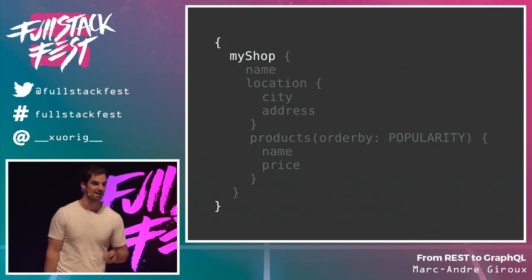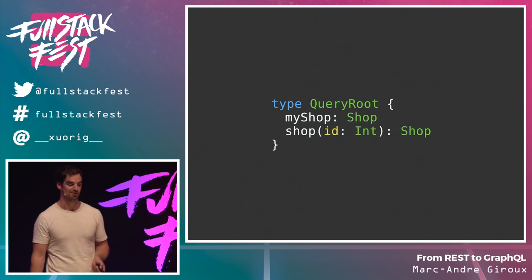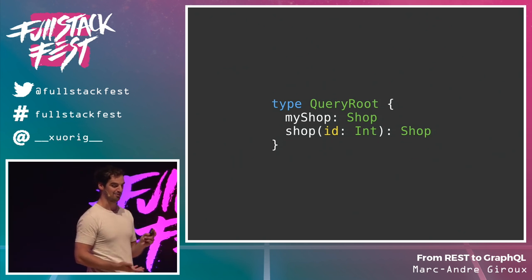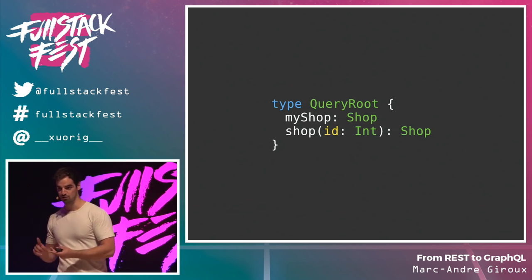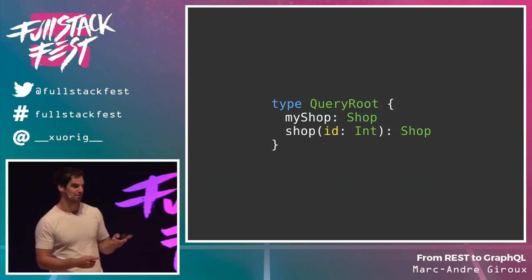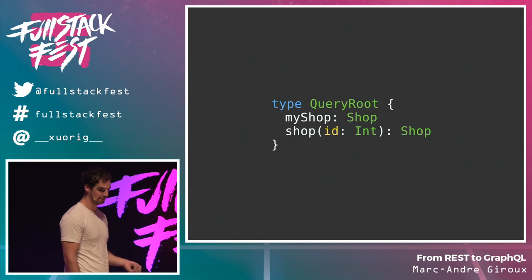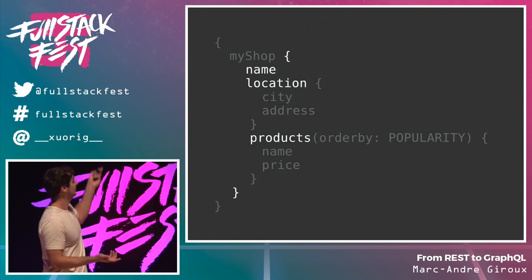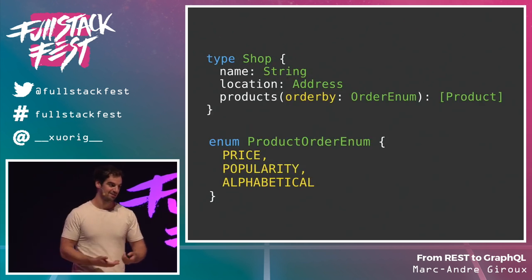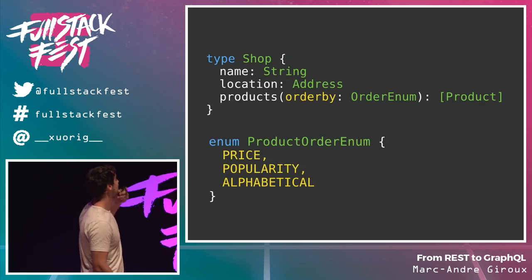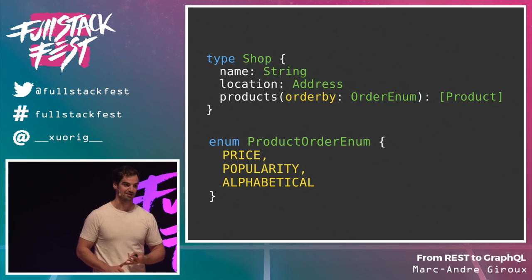My shop here, as we talked about earlier, is on a query root, right? So we have a type query root, and it tells me, oh, I can query my shop or a shop by ID. And both of those return a shop type. So on the shop type, we're querying name, location, and products. Am I allowed to do that? We can look at the type of shop and see that it exposes name, location, and products.